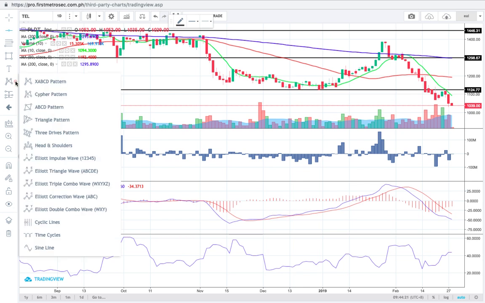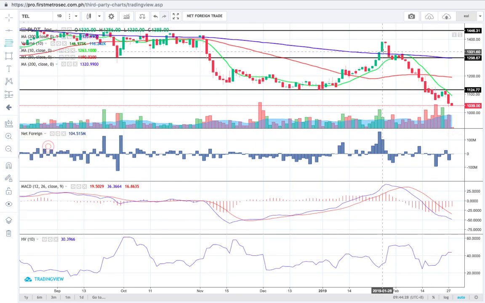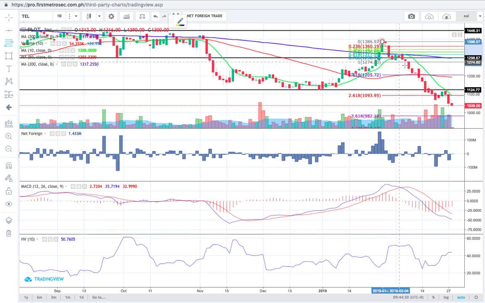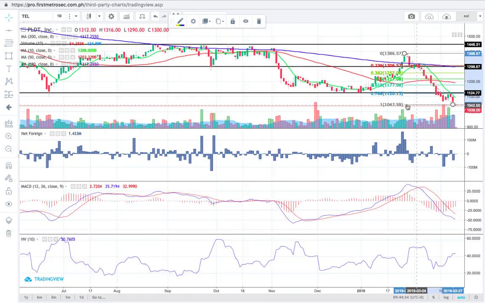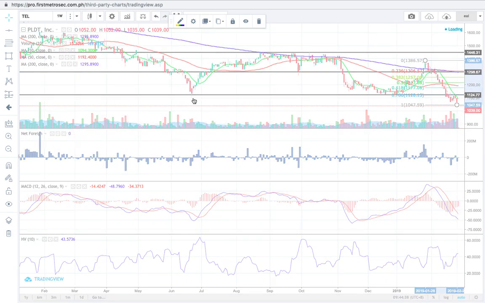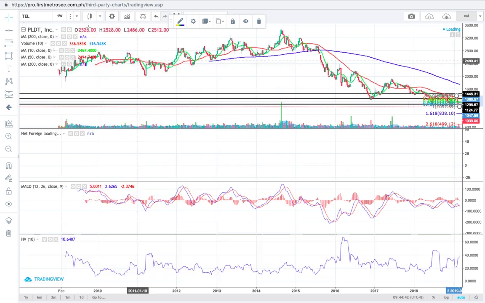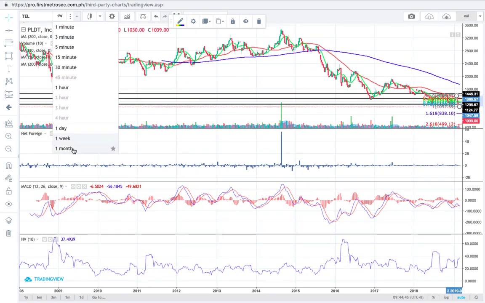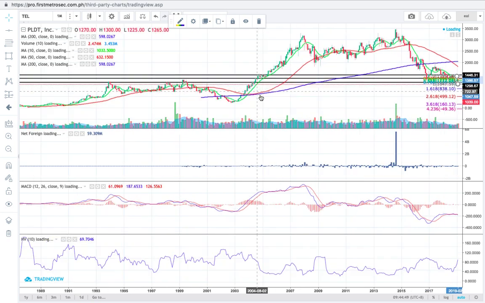I would like to draw a Fibonacci retracement for TEL for us to see a better historical support for this stock. Or let me try changing the chart from daily to weekly. Okay, it's too far to the left. Let's change it to 1 month. There you go.